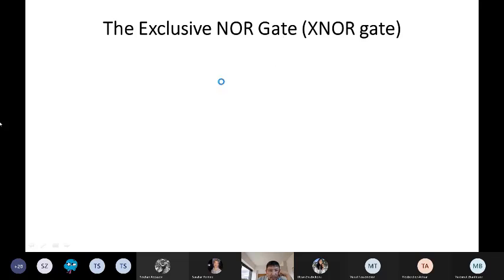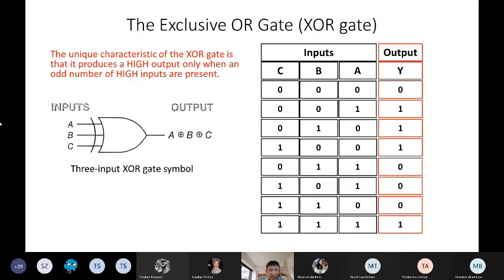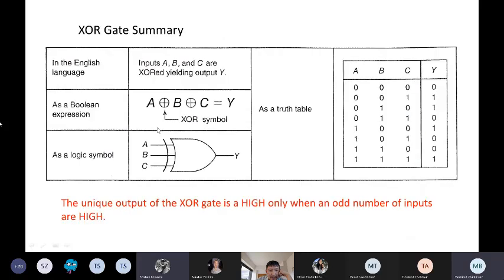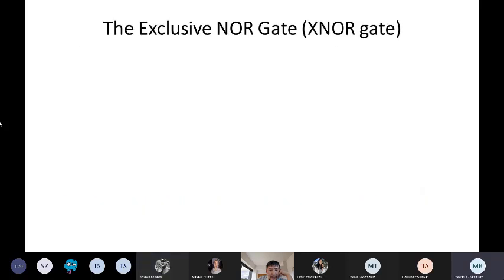Previously we talked about the XOR gate, and here you can see we don't have a bubble. I mean exclusive NOR gate. Okay.